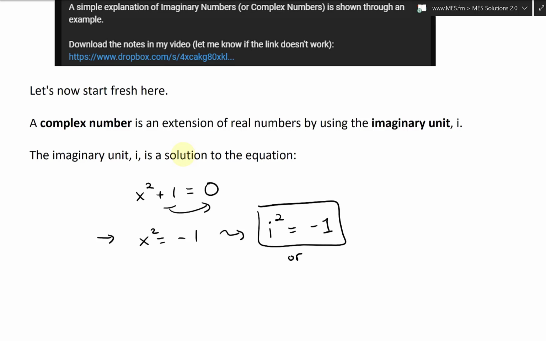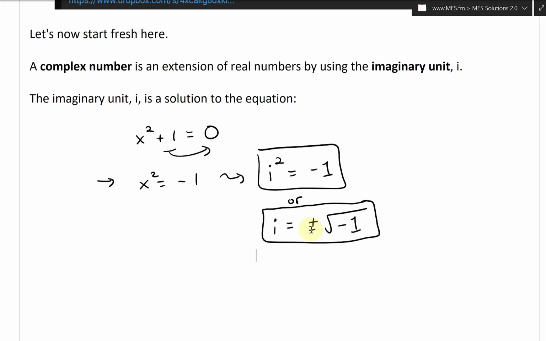Or you could take the square root of both sides, and we get I is equal to plus or minus the square root of -1. It'd be plus or minus because we're doing a square root. When you square root, it just means you're multiplying two numbers to get this square, and when you multiply two negatives, those cancel out and become positive. So it's similar to the positive becoming positive and negatives becoming negative. All right, so that's plus or minus like that.